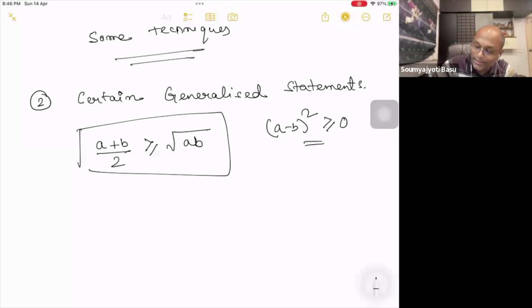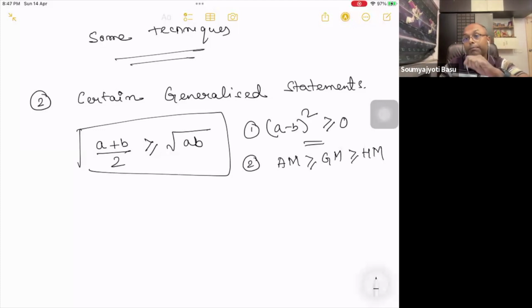So one is this, (A minus B) whole square greater than or equal to 0. There is something called arithmetic mean greater than or equal to geometric mean greater than or equal to harmonic mean.